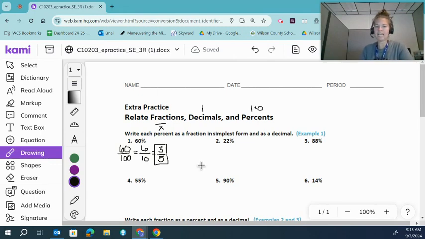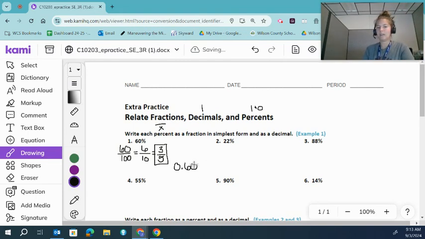Now, if we write it as a decimal, 60 over 100 can easily be written as 60 hundredths. So we are going to do 0.60.